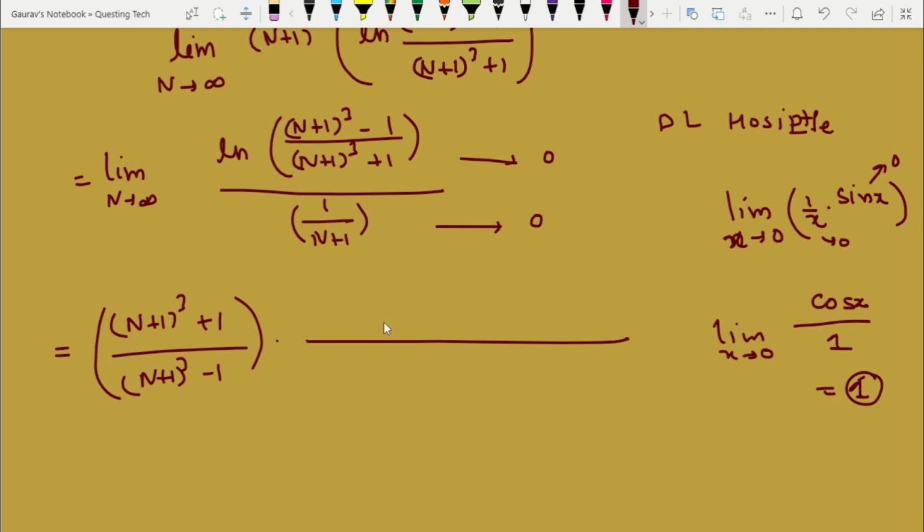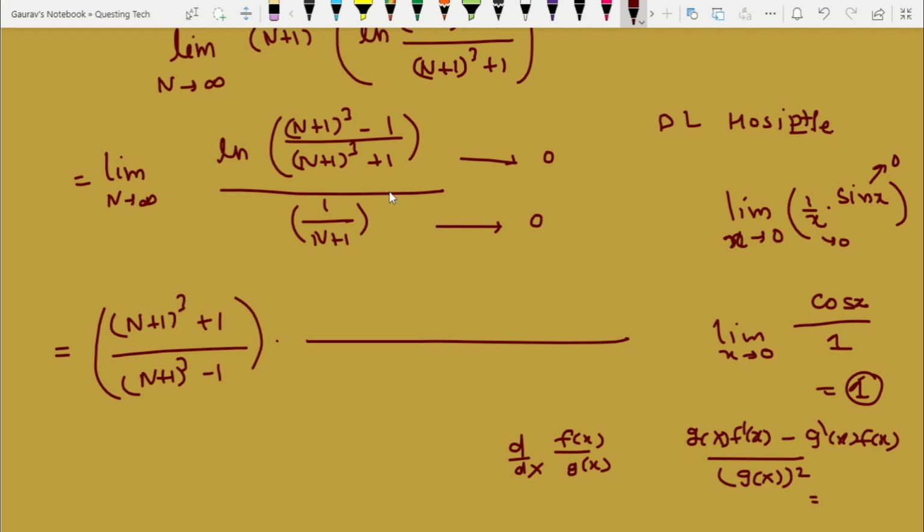The differentiation of f of x divided by g of x, d by dx, is going to be g(x) squared in the denominator, and in the numerator g(x) f'(x) minus g'(x) f(x).